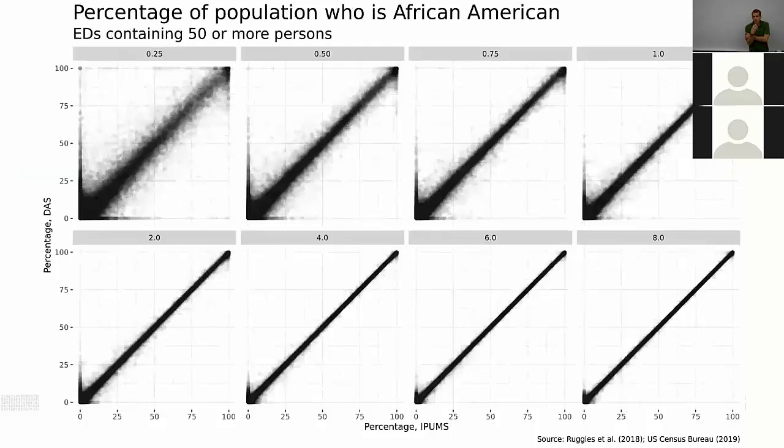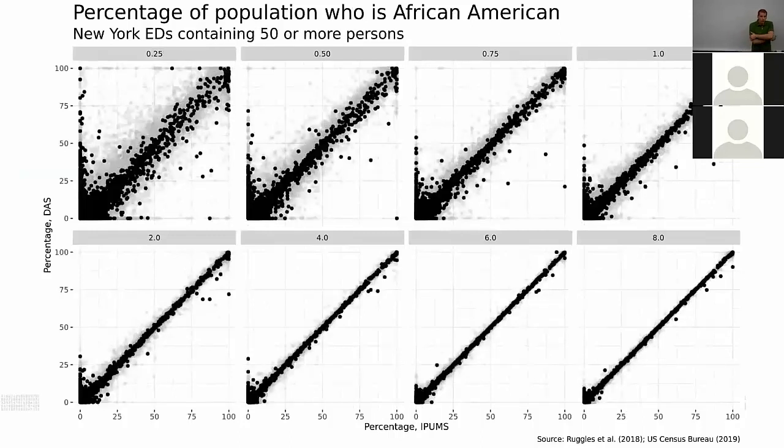This is just a simple scatter plot of the percentage of the population who are African American by ED. Kind of similar to the non-voting age population, but you can see there's still a lot of noise in that data. That's at a nationwide scale. It maybe covers up some state-to-state variation.